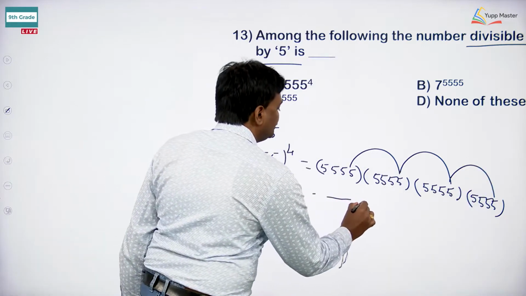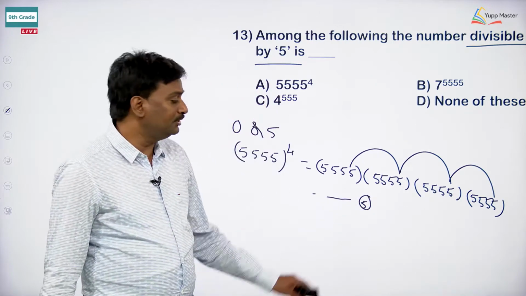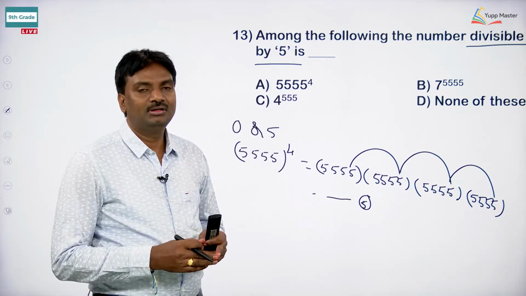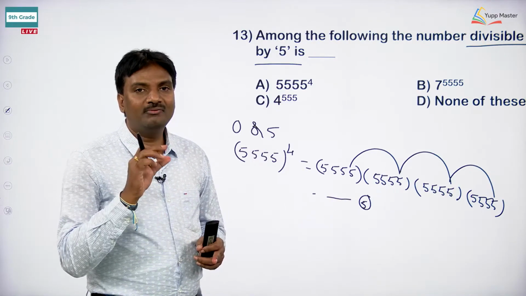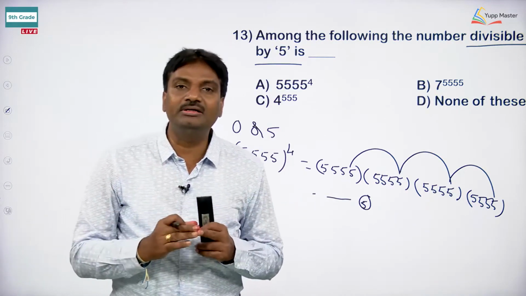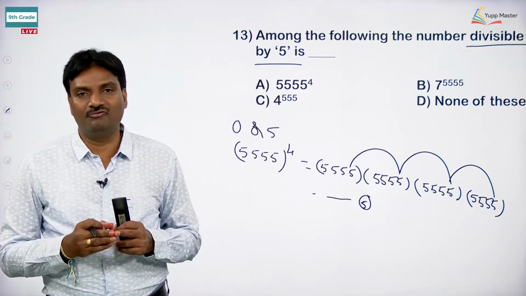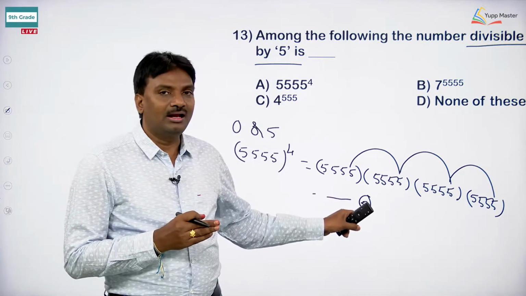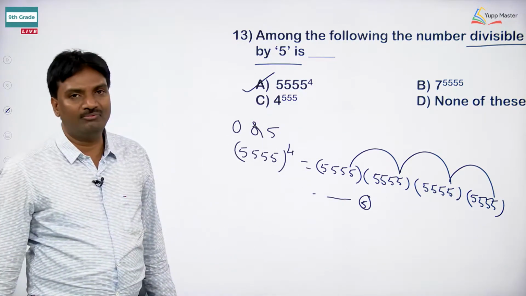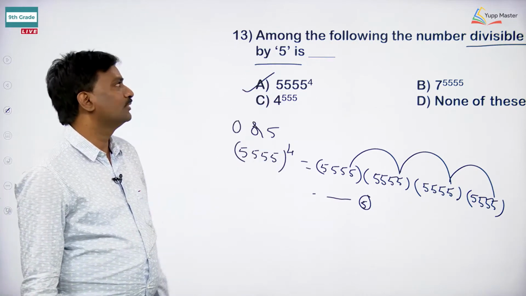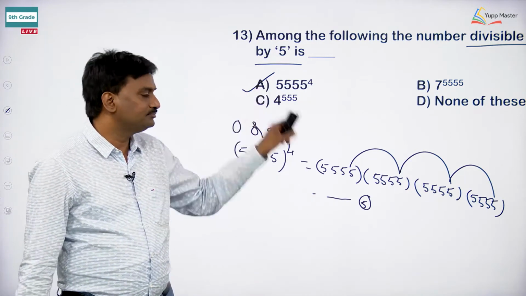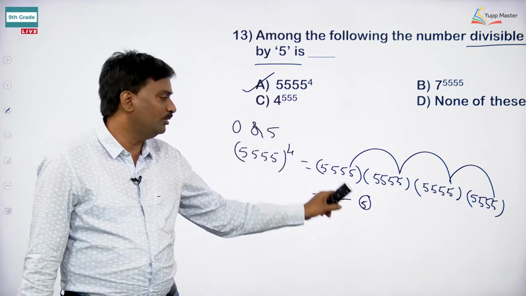So whatever the digits before 5 may be, 10 digits or 20 digits or 100 digits, we only have to check whether the last digit is either 0 or 5. By observing clearly, the last digit is 5. So the number 5555 power 4 should be divisible by 5.